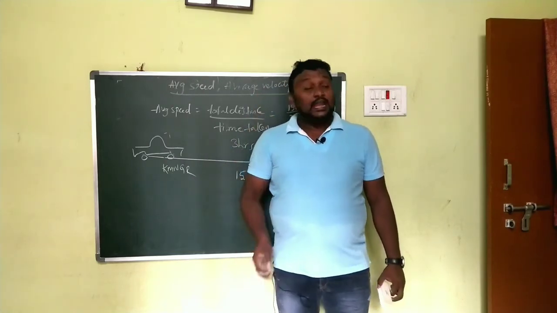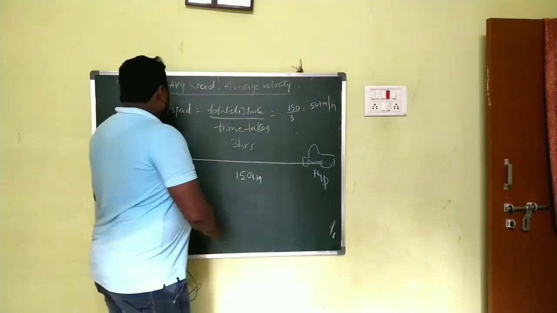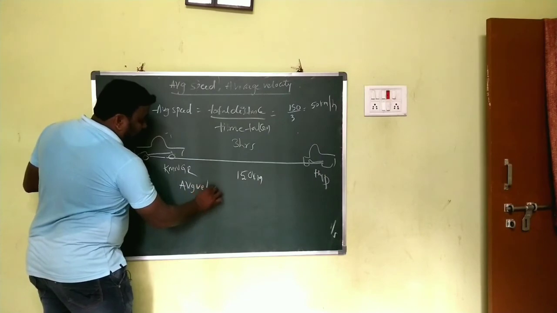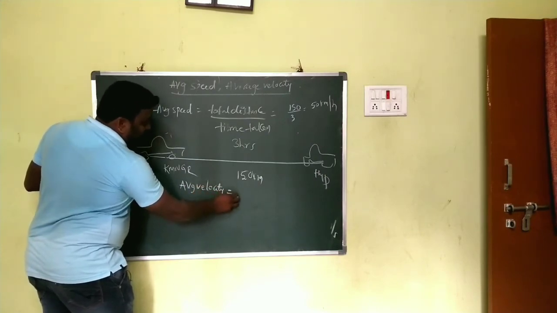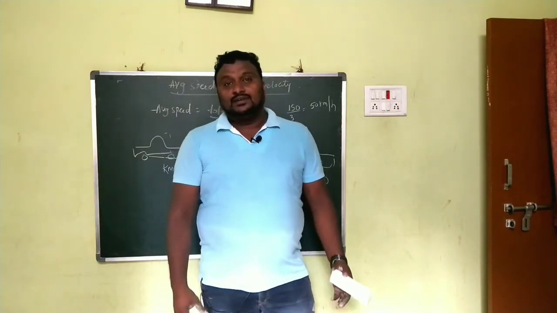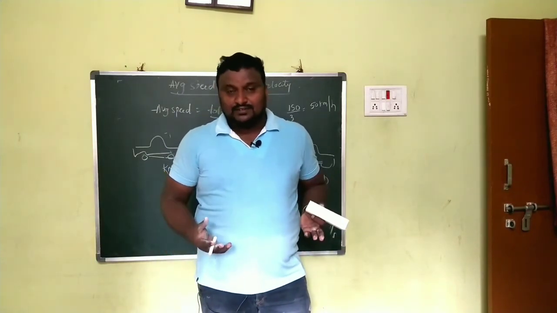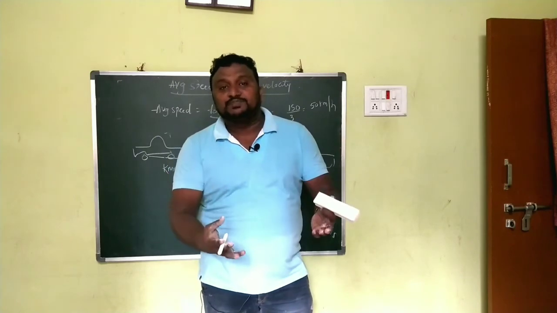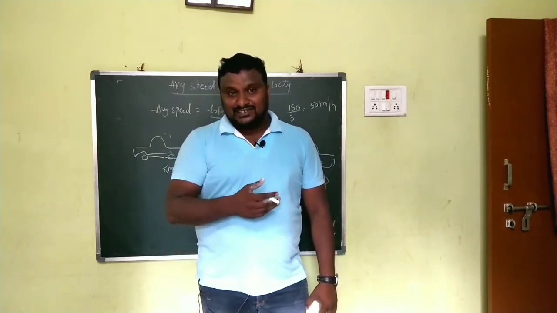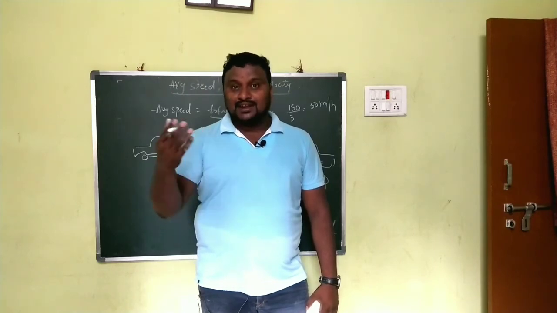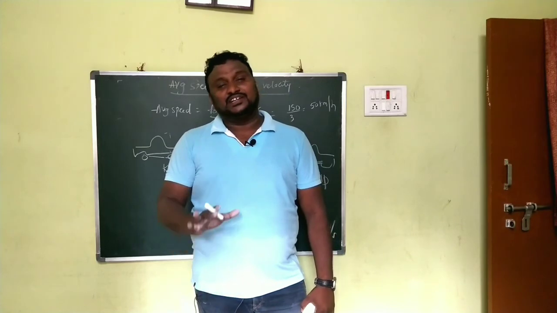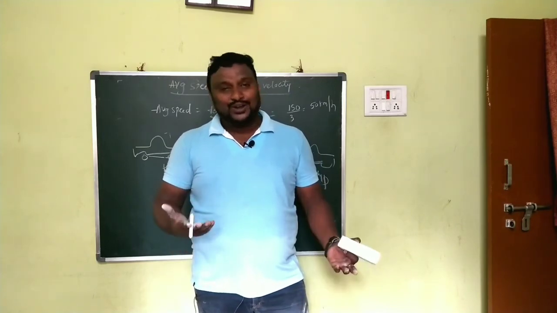Okay, children? And now, what is average velocity? Simply, average velocity is nothing but the average speed in a particular direction. Average speed is a scalar quantity, so it has no particular direction, only magnitude.